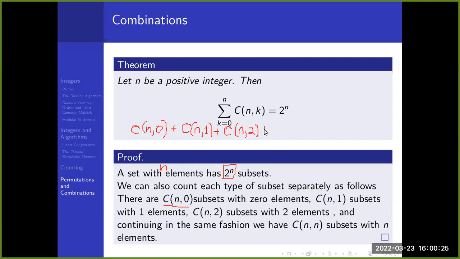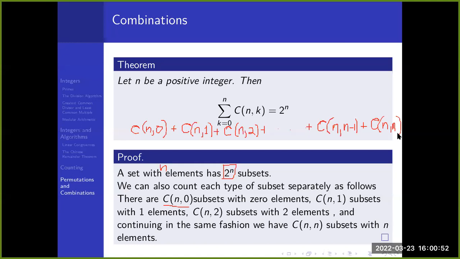So this goes on like this until we get to the final ones: the number of subsets with, say, n minus 1 elements. And then the final one will be the number of subsets with n elements, which is just the whole set, right?